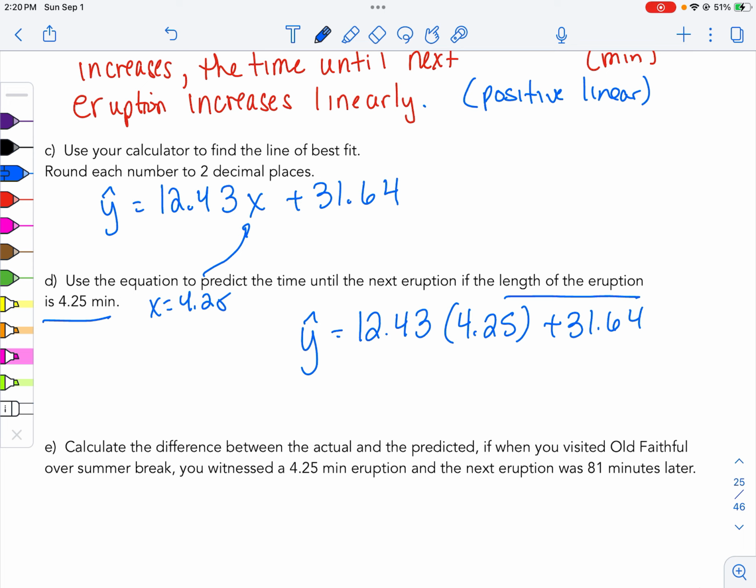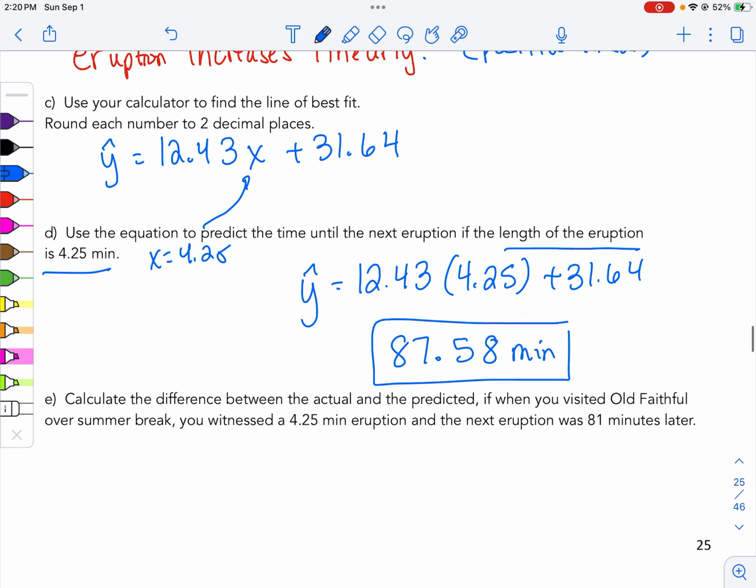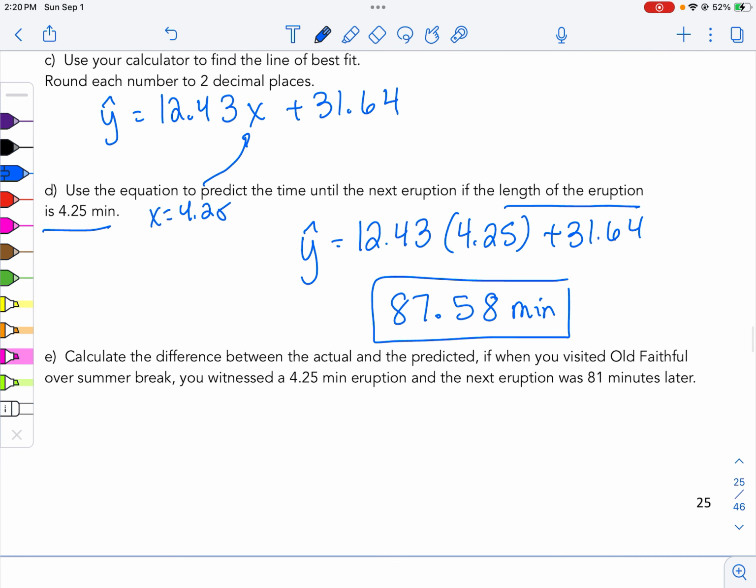Plug that into our calculator, and we get 87.58. I'll round to 2 decimal places because that's what we've been doing. Minutes. So that's how long it is till the next eruption if it's 4.25.